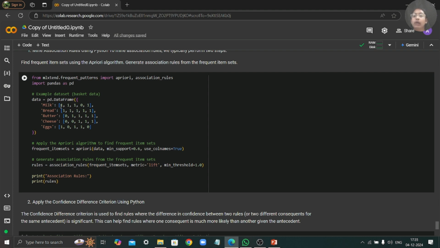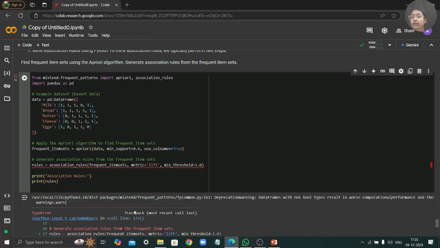It basically counts the number of times each item has been bought: milk 4 times, bread 5 times, butter 4 times, cheese 3, and eggs 3. And then we generate association rules using these frequent item sets, with lift as the metric. Then we print the association rules.